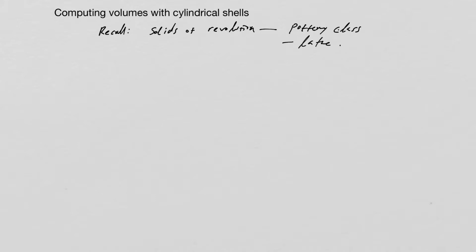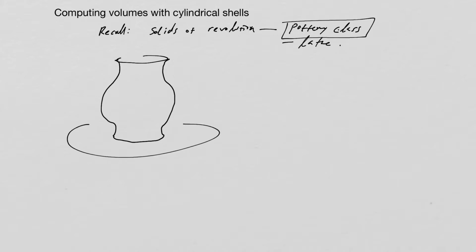One way we can think about it, and I'll just show you an example: if you were literally in pottery class, you'd make some sort of vase, a shape like that, and it'd be on a pottery wheel, spinning around.